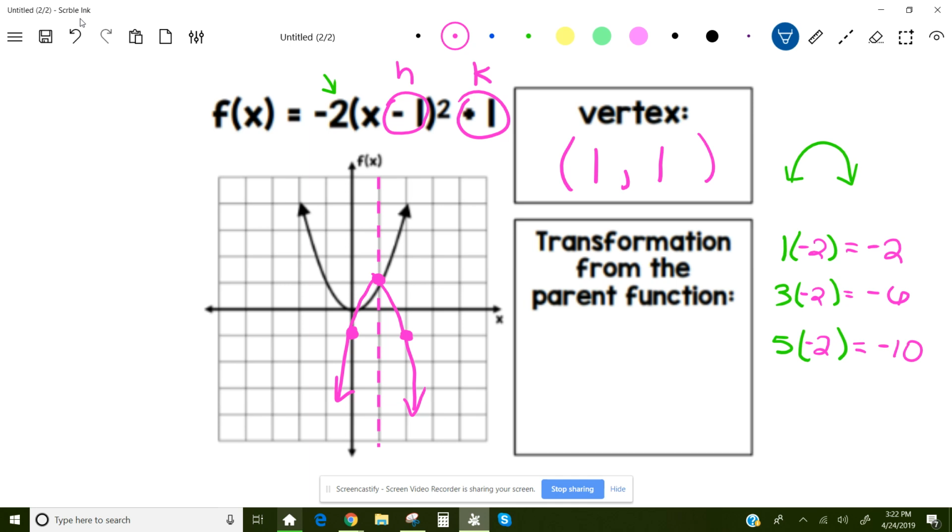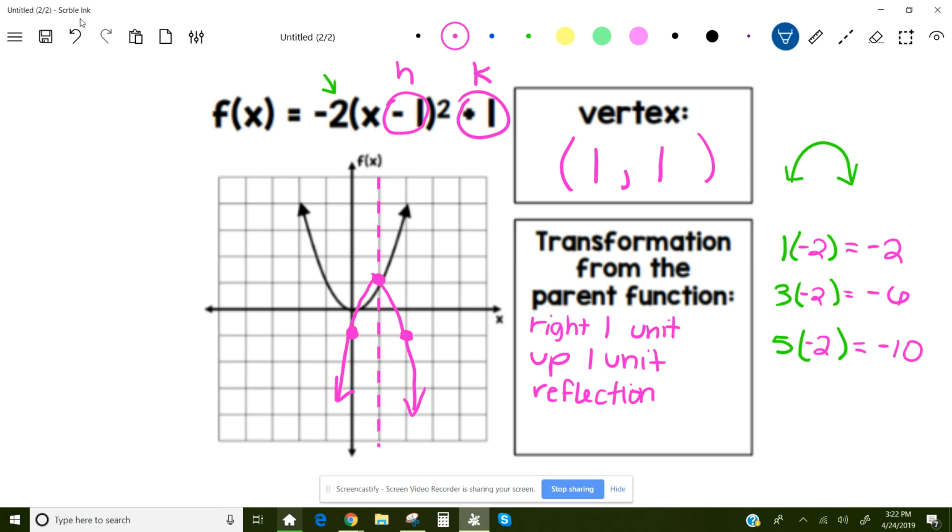And so we need to figure out what are the transformations. Well, my transformations were that we went to the right 1 unit. And then we also went up 1 unit. We did a reflection because now it's going down.